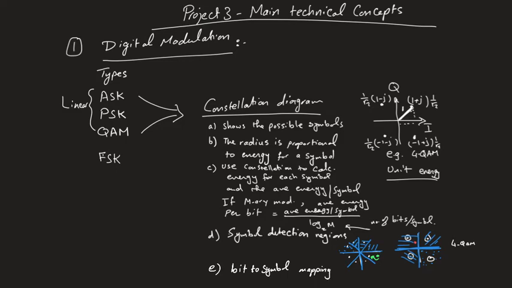You can also show that on a constellation diagram. Let's say, for example, I can give you a constellation diagram and I tell you that these are the points and they are labeled or mapped. This is also called labeling. Okay, as let's say 0 0, 0 1, 1 0, 1 1.